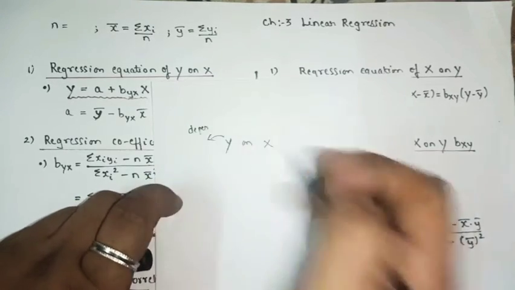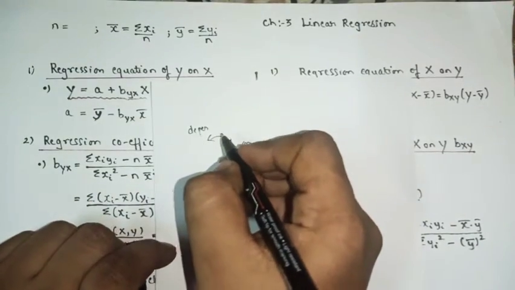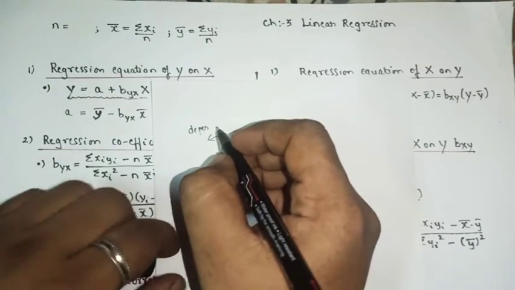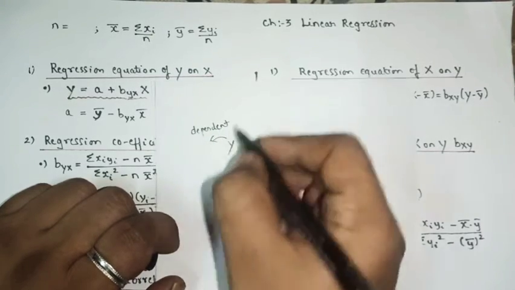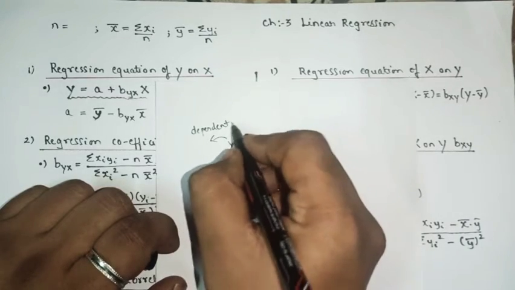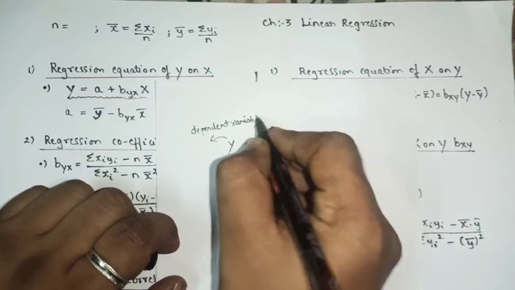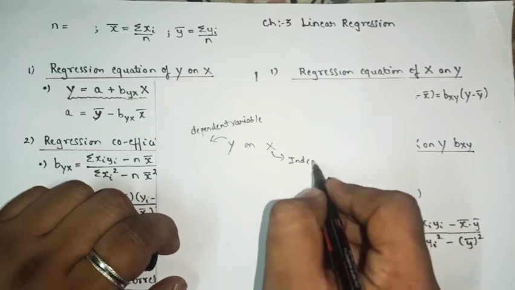Y is known as what? Dependent variable. So here we can say this y is dependent variable, and x we can say it is independent.